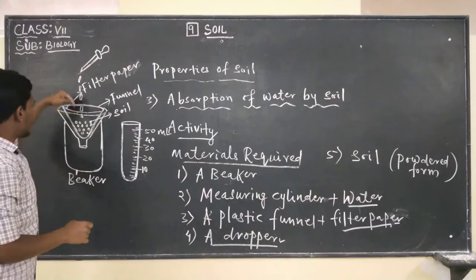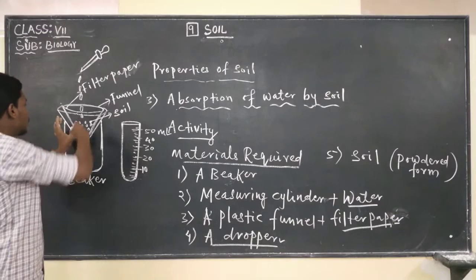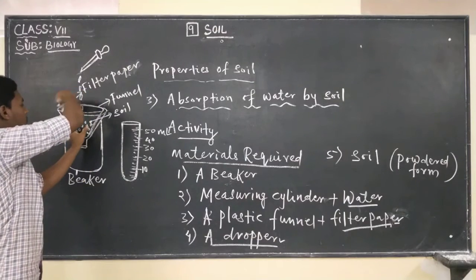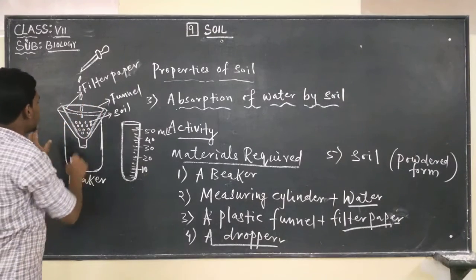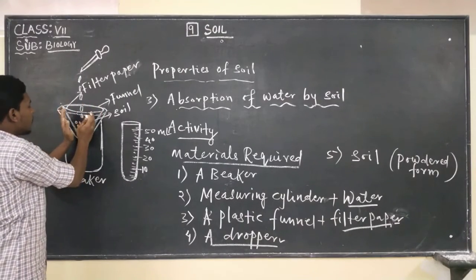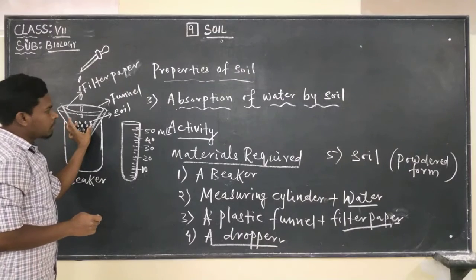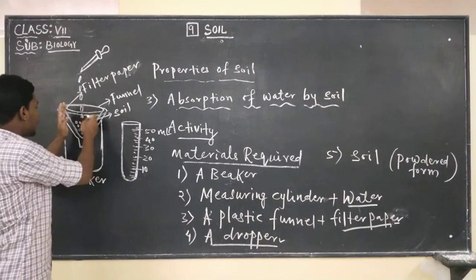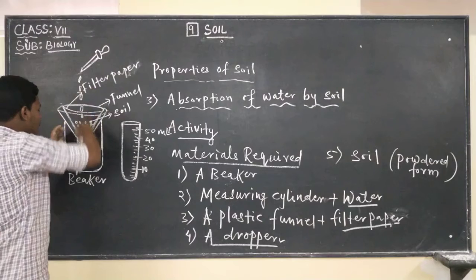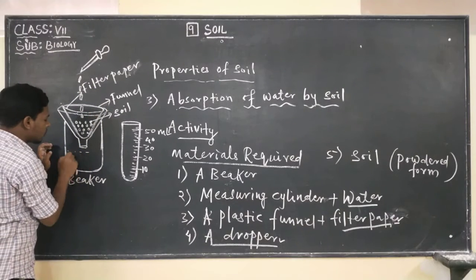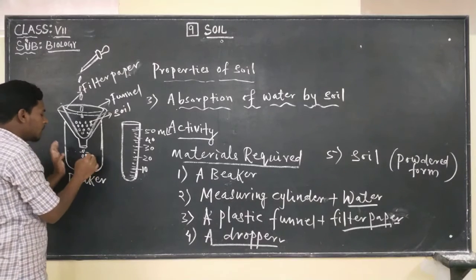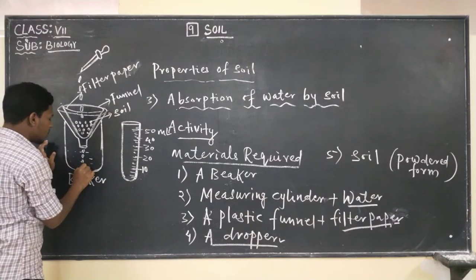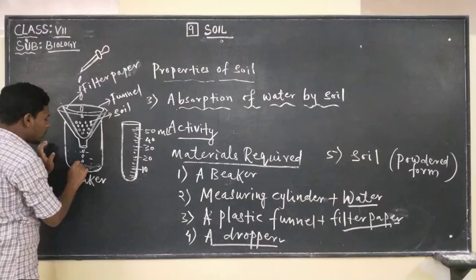We should not put the water at one place. We should spread the water all over the surface of the soil. Now what happens? Some amount of water is absorbed by the soil and some amount of water falls into the beaker.